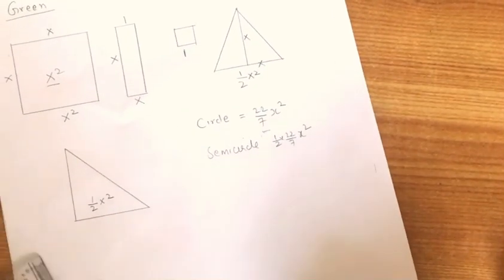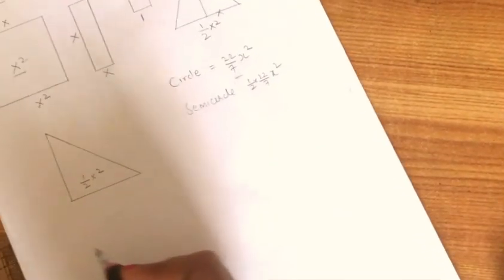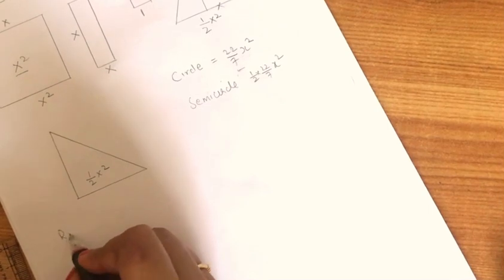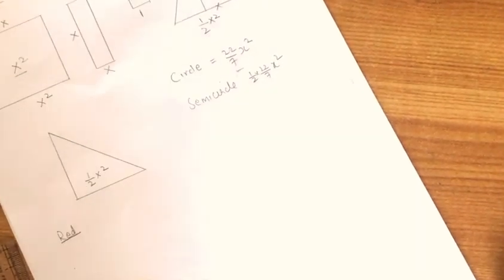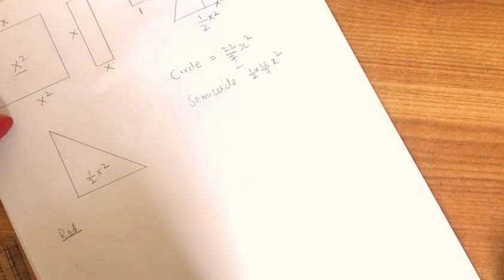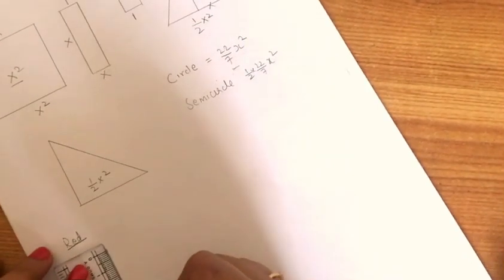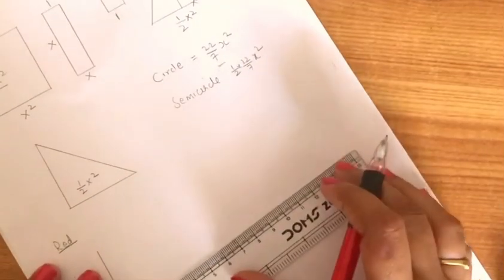Now children, suppose with the same dimension I am using red color. If I draw an x by x square, that is x square in green, it is positive. And if I draw x by x in red color, I would take it as negative.